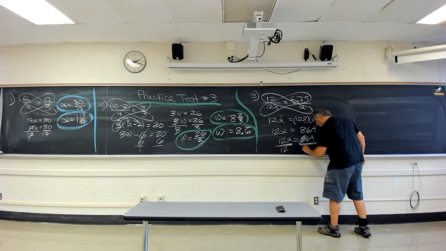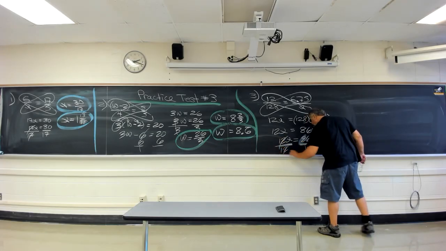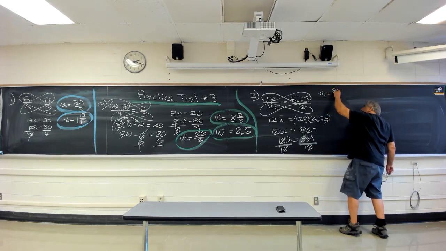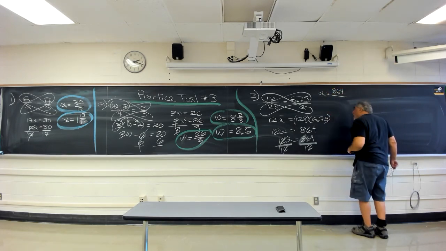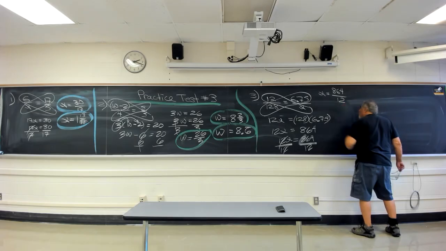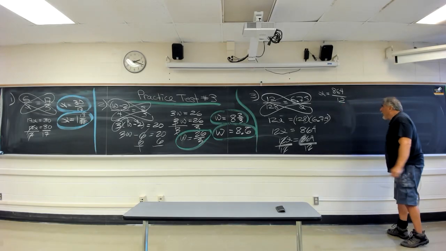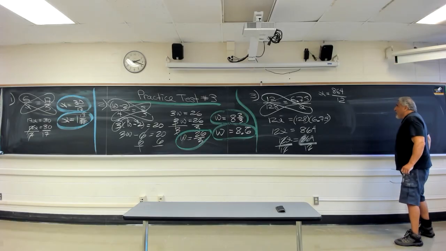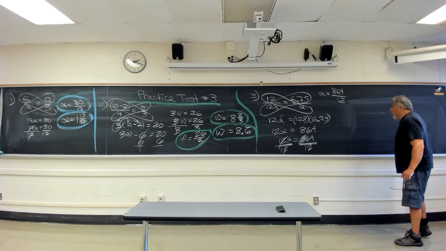Let's divide by 12 on each side and see where it's going to go. X equals 864 divided by 12. There's tricks to this, I guess you could say. If that were 900, your answer would be 3 less than the division with 900.